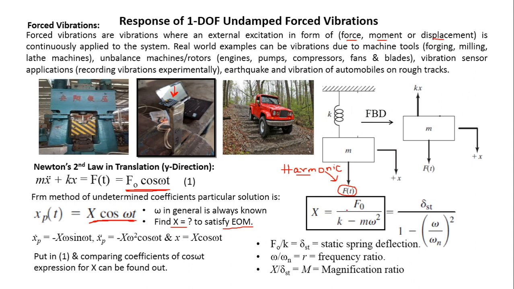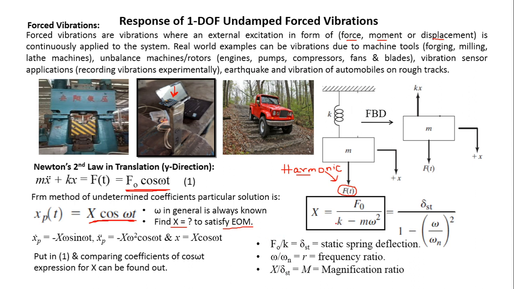And so X can be written as F naught upon k minus m omega square. Now this expression of X is very simple to remember, and it can be converted into a dimensionless form by defining these ratios.